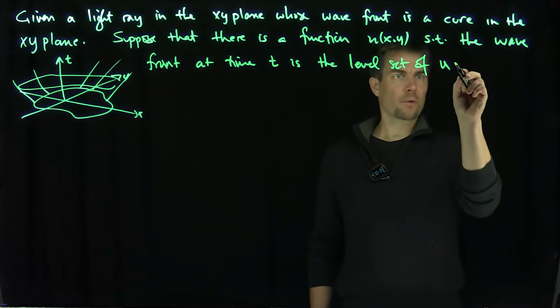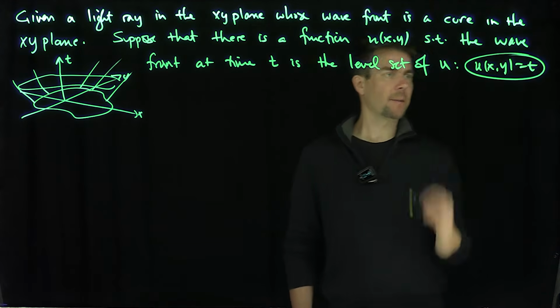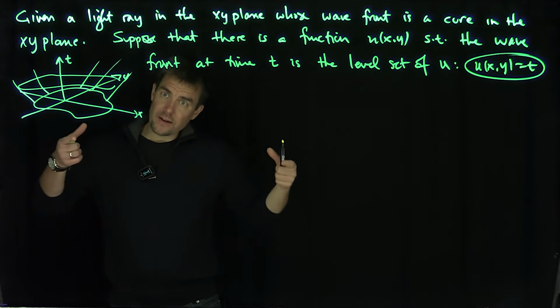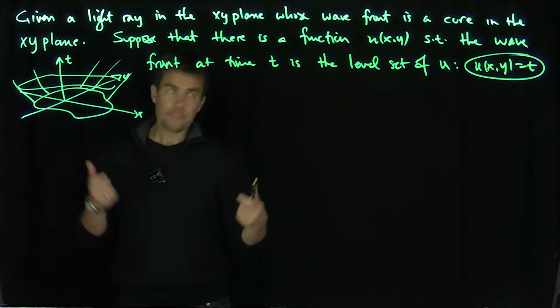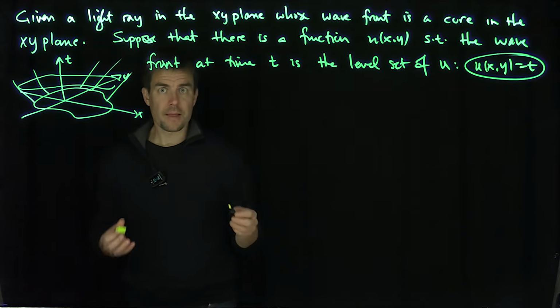And that just means that the wavefront is just the set u of x y is equal to t. So at time t, u of x y equals t is going to classify the shape of the wavefront set. Okay, great. Now with this in mind, there's a couple considerations that actually happen.